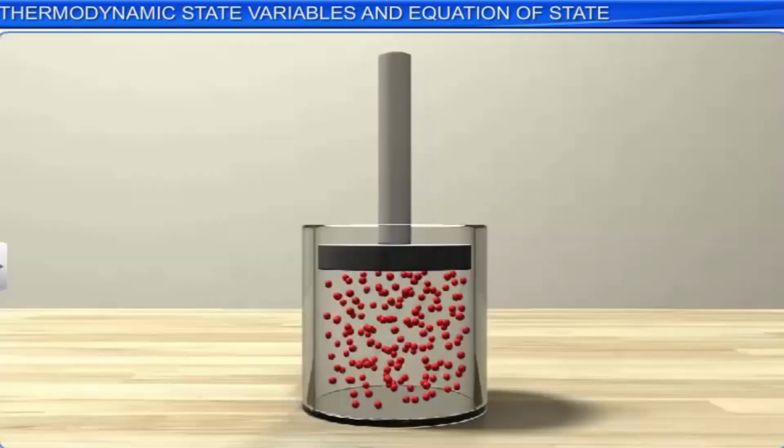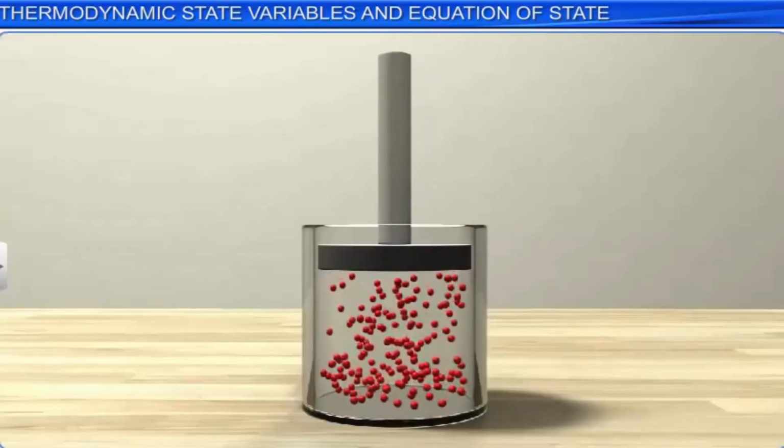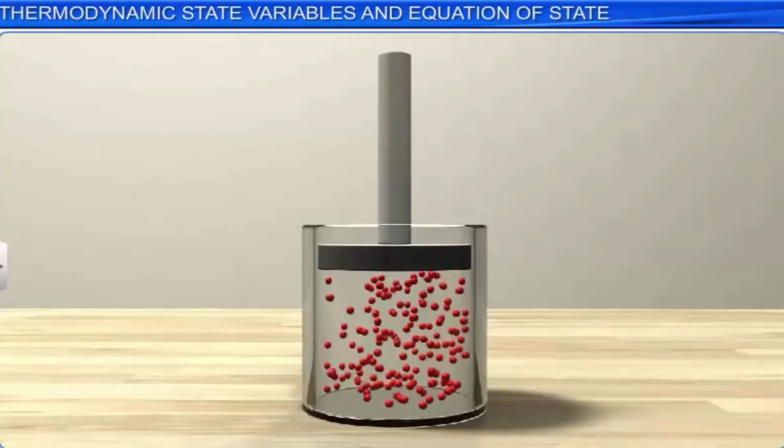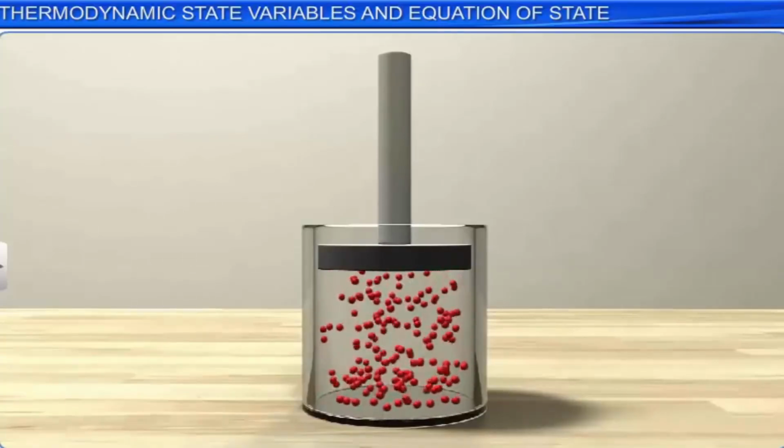The variables that describe equilibrium state of a thermodynamic system are known as thermodynamic state variables.